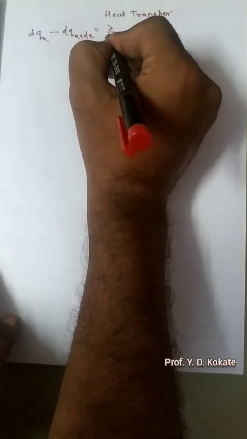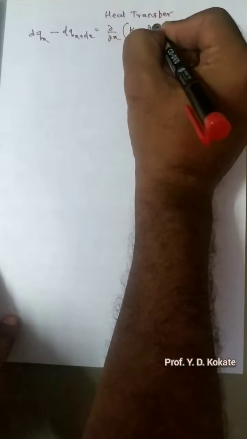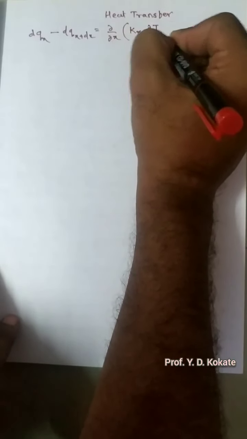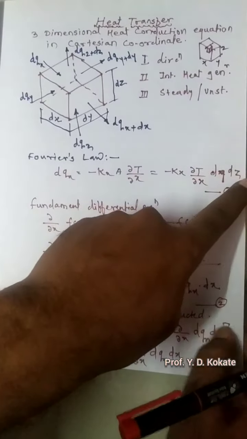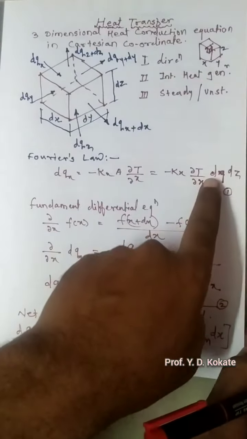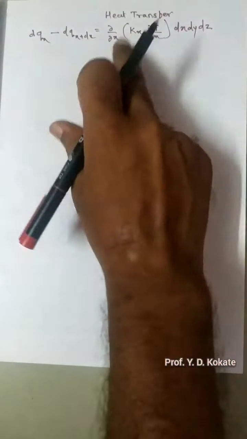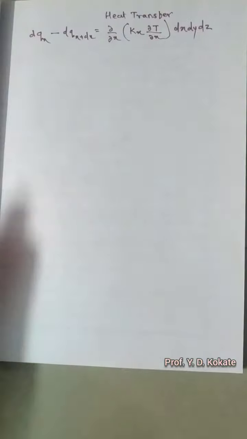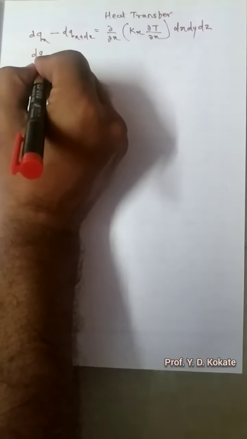So we have ∂/∂x inside the bracket kx ∂T/∂x, outside the bracket dx dy dz. dy and dz are already over here, so it becomes dx dy dz, and inside the bracket kx. Likewise we can write it down for dqy and dqz.